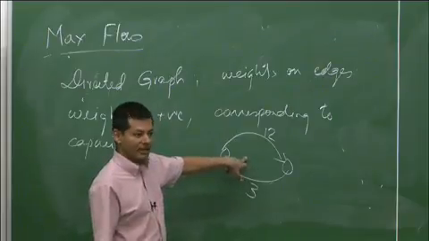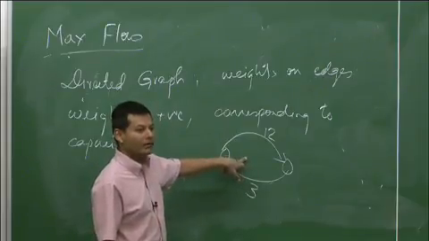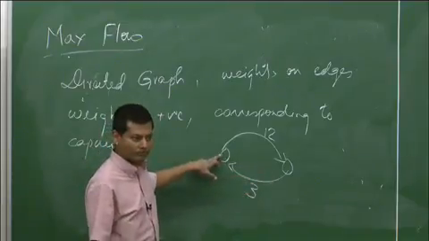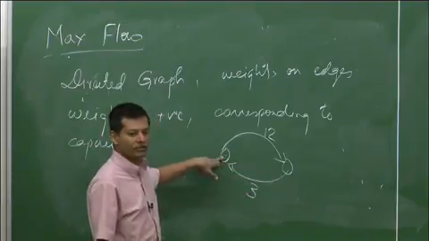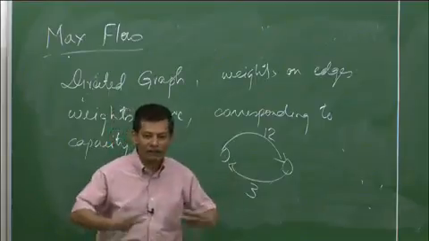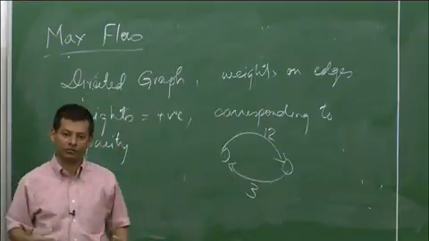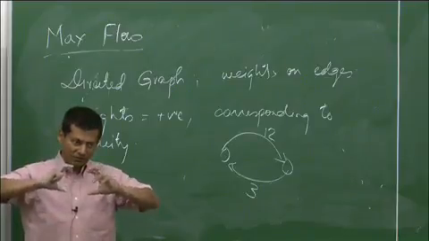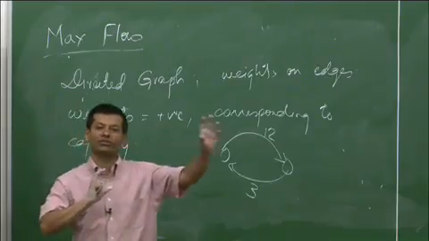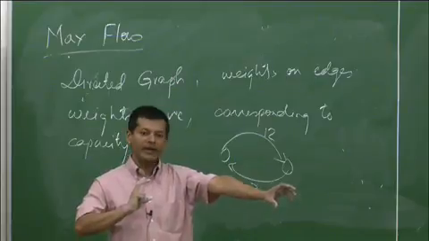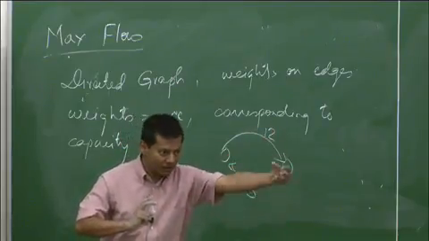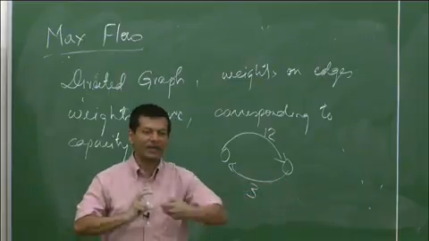This is very much the case in situations where you have a graph and you have hubs. If this were a hub like Chicago, and if you were actually trying to transport material out of Chicago, you would find that the capacity to take stuff from Chicago and send it to some little village out there is much higher than being able to take that amount of material from that village and bring it to Chicago.